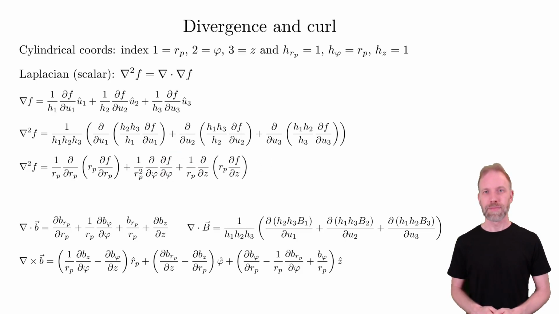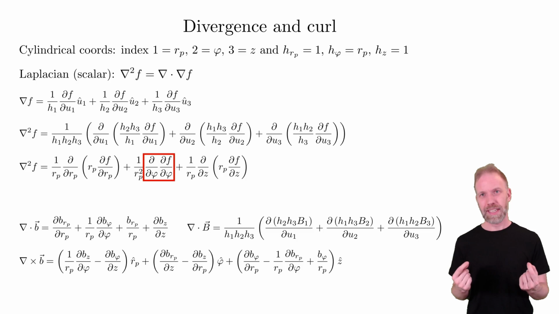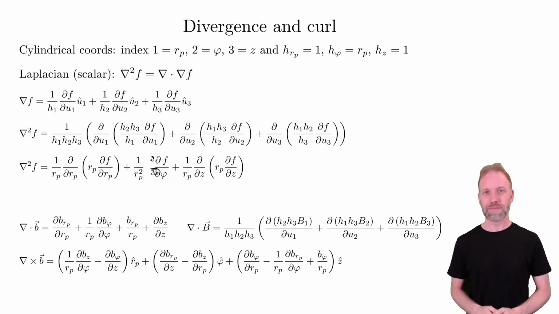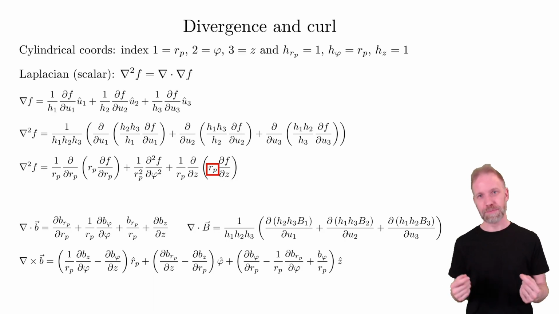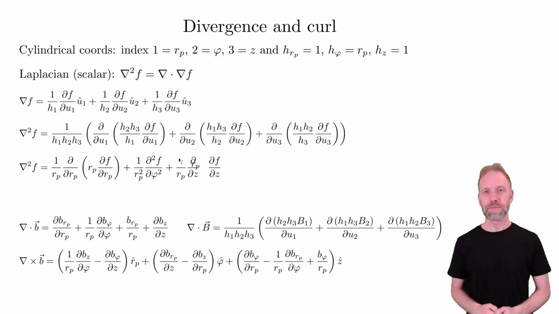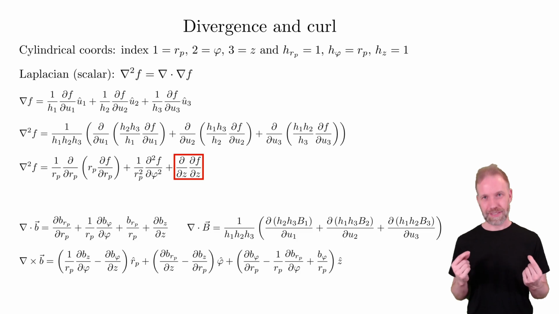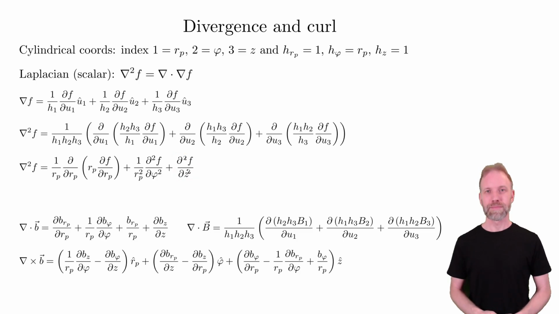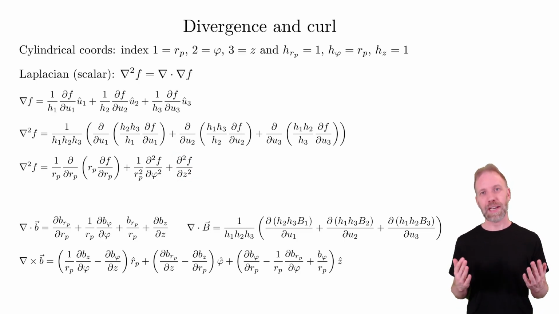This can be written as d to the phi squared. Rp is not a function of Z. Rp over Rp can be removed. This can be written as d to the z squared. This is our scalar Laplacian for cylindrical coordinates.